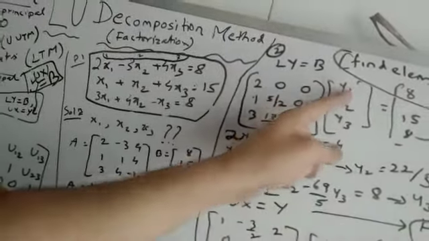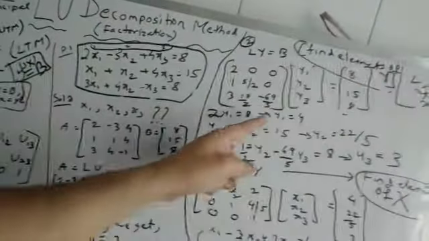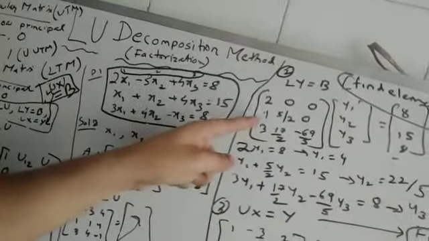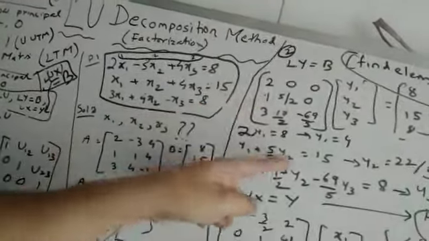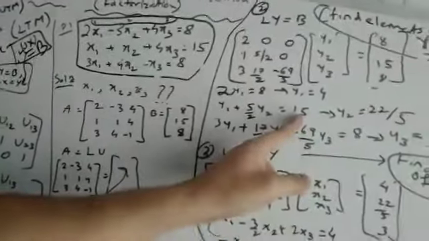For this one, 2y1 is equal to this one. Okay, so from here y1 is equal to 4. Similarly, I can write y1 plus 5 by 2 y2 is equal to 15. From there I can calculate y2.